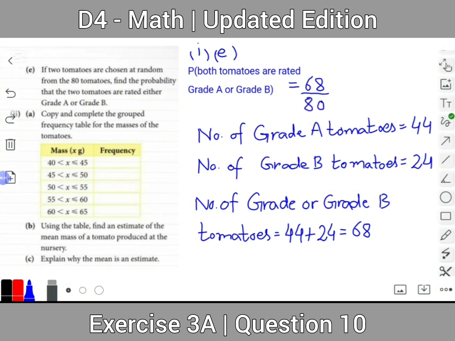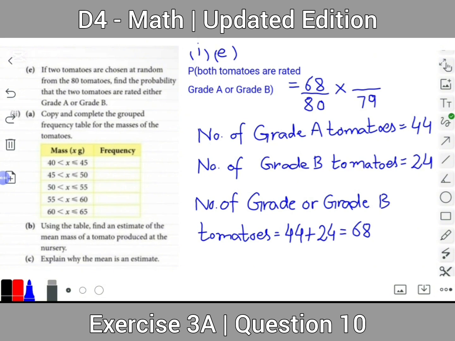And since we have to choose two tomatoes at random, for the second tomato the total number of outcomes left will be 79, since we have already taken one tomato.